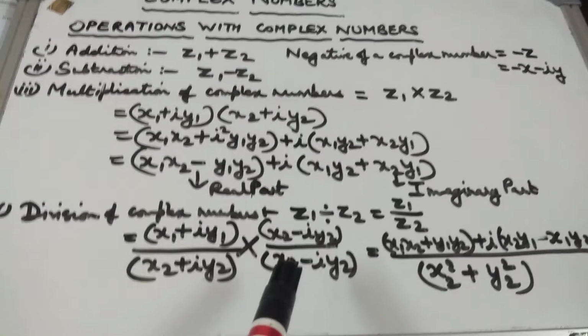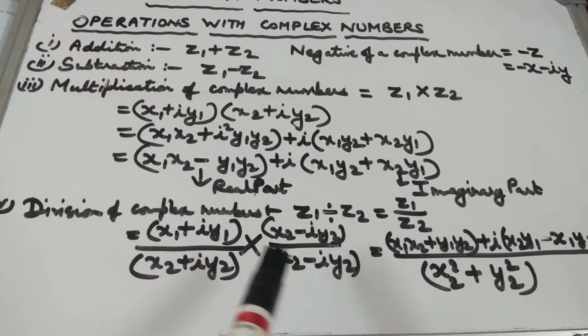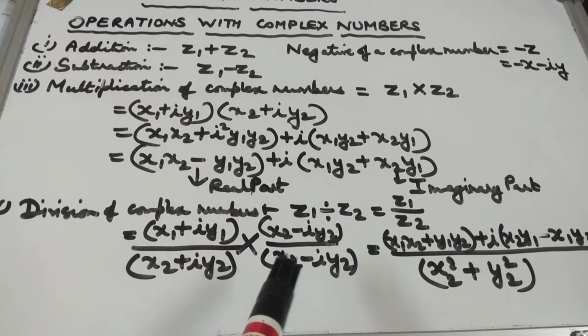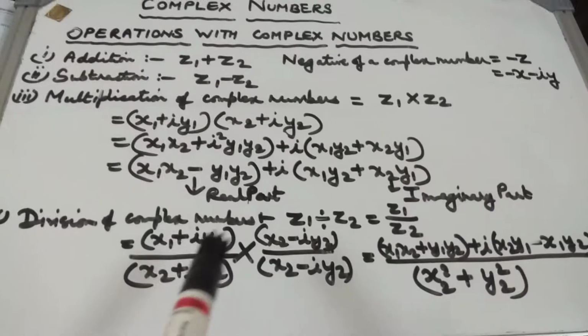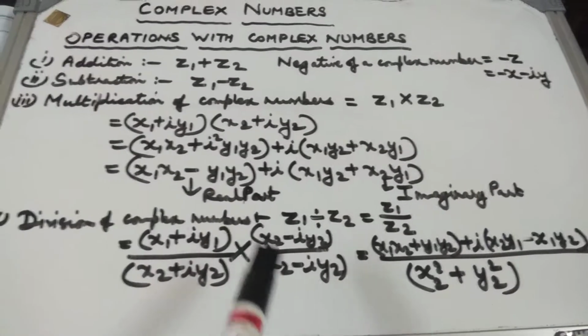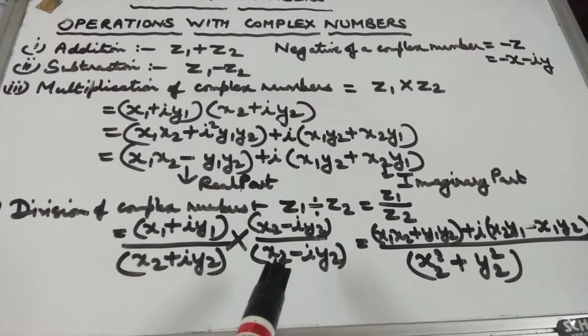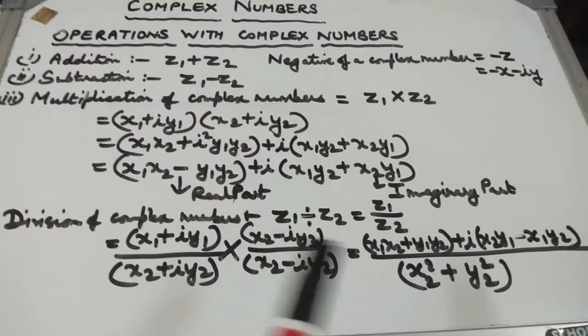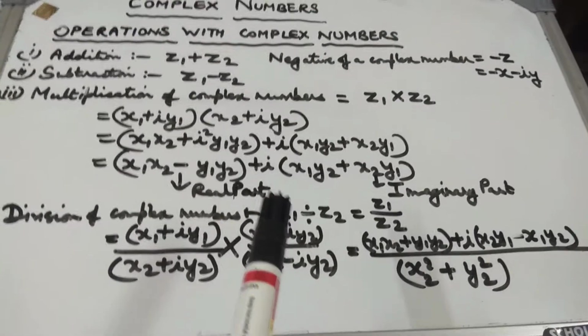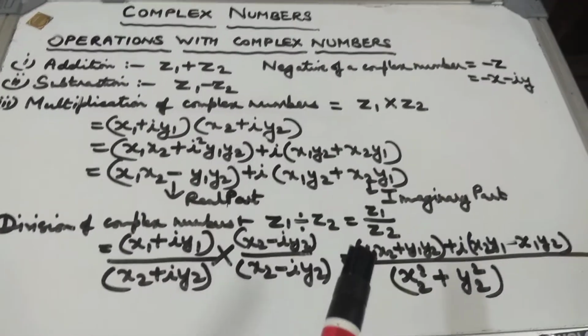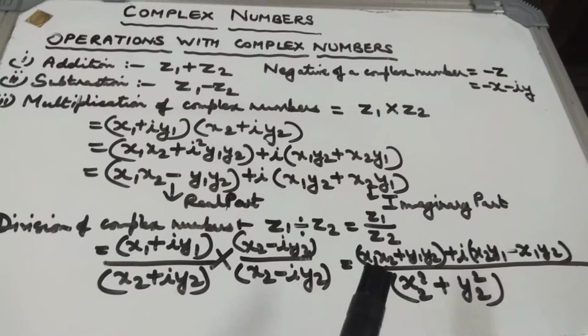And when you are multiplying any number, only the denominator? No, not possible. You will have to multiply the numerator also. Hence, when you multiply numerator and denominator both by the conjugate, you are going to get the new complex number, which will be called the division of two complex numbers, or the resultant of the division procedure.